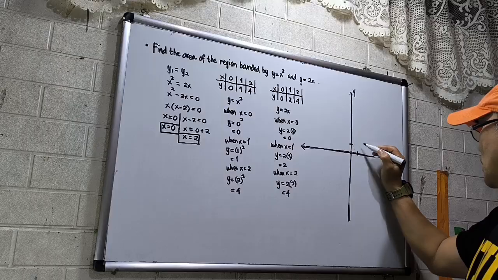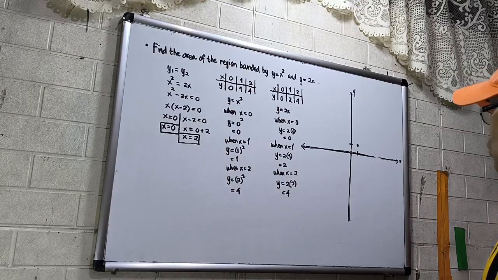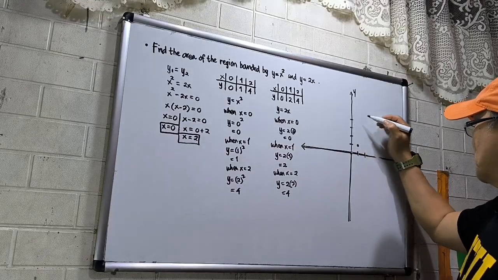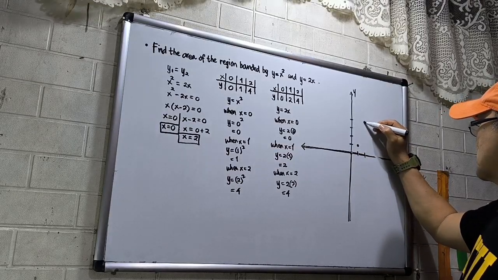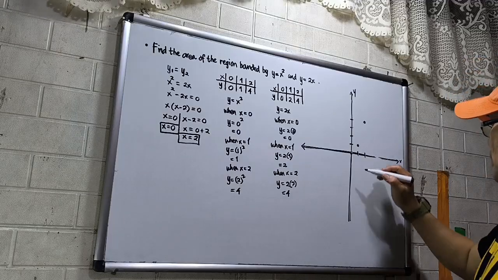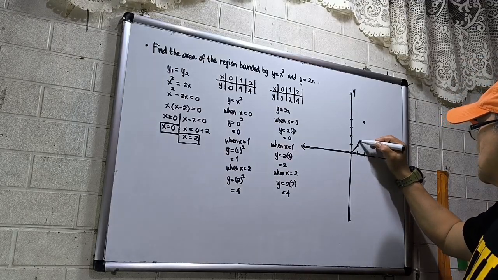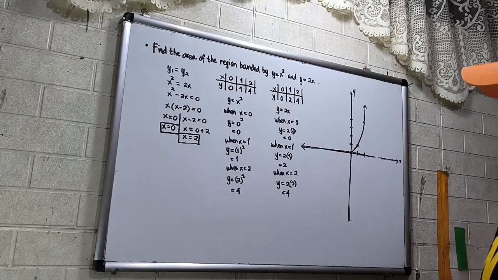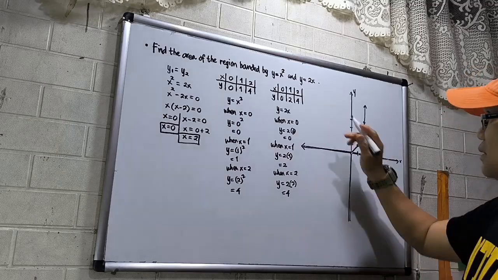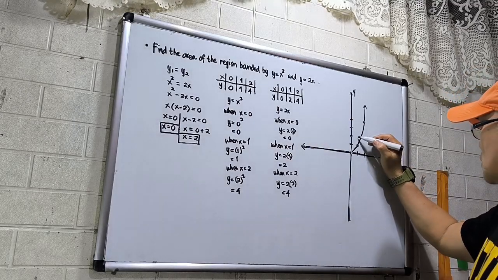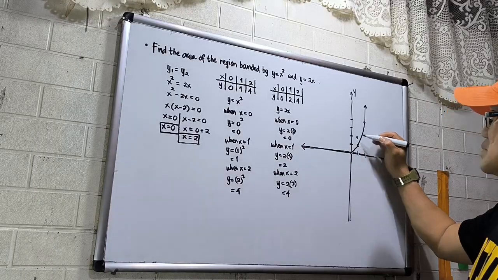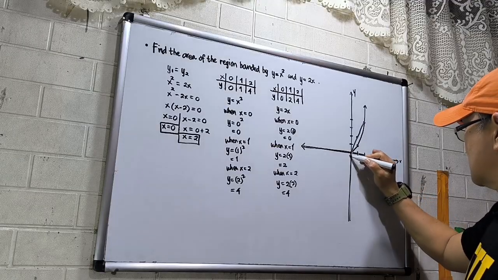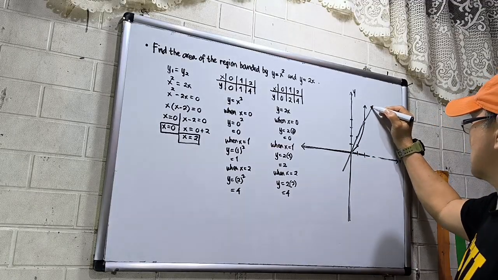Then 2, 4. So this is a parabola opening upward. Then how about the line? 0, 0 is here, then 1 and 2, then 2, 4. So connect the line.